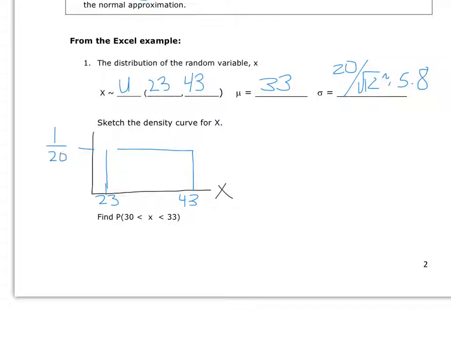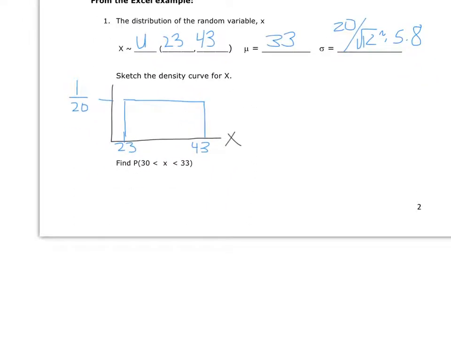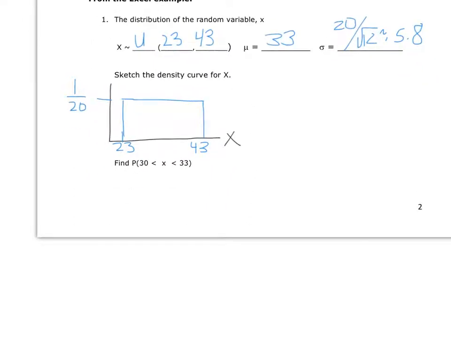All right, because that's our uniform distribution. Now we can find the probability that x is between 30 and 33. So if we draw that on the density curve, if that's 30, that's 33, we're looking for this shaded area.